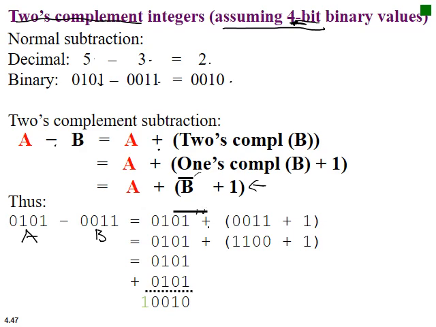Sorry about this, that line should have appeared above here to indicate that that's the 1's complement of that number, which means flipping the bits. So 0011 becomes 1100. And once we have that, we simply add 1.